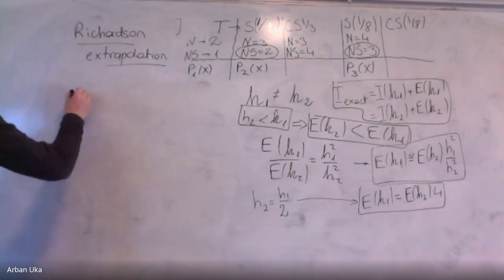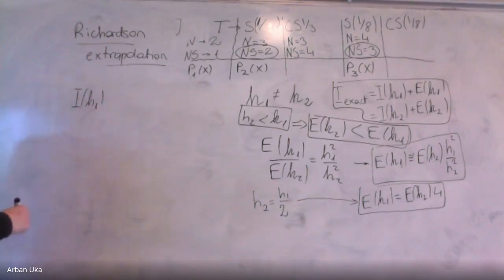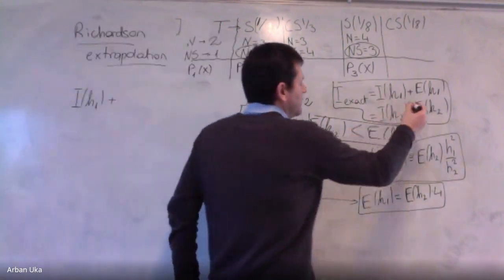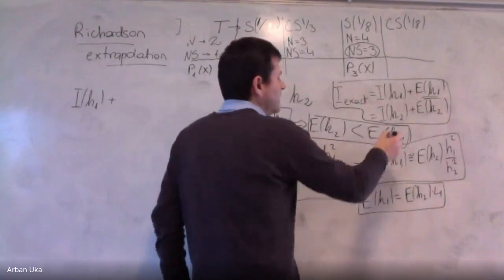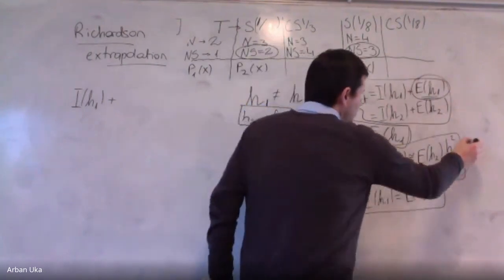the integral, the approximated value of the integral using H1 plus the error in H1. Now, here, instead of this error in H1, we are going to use this relationship that we have here.